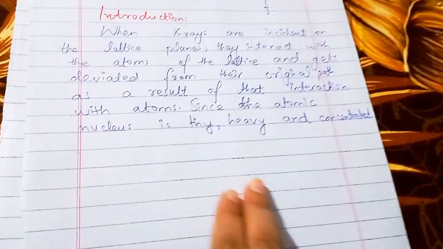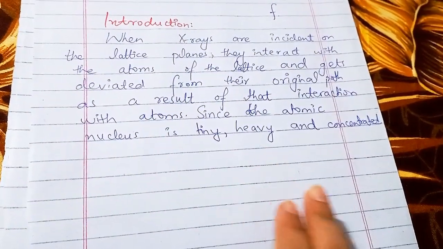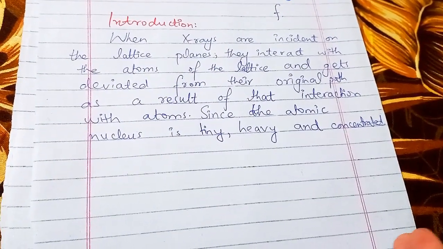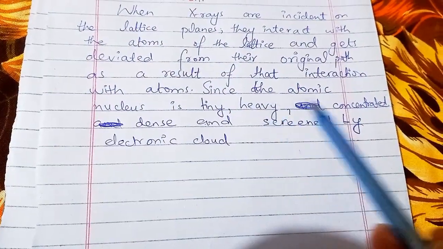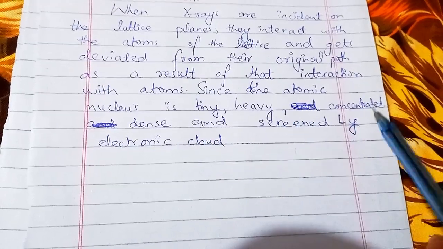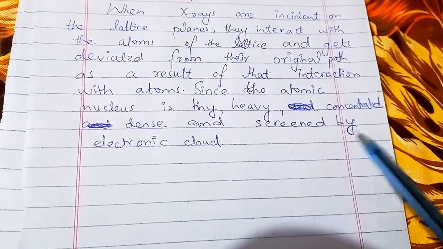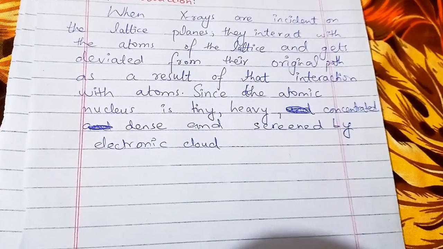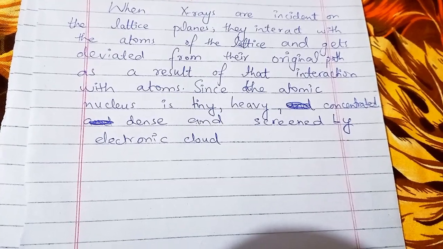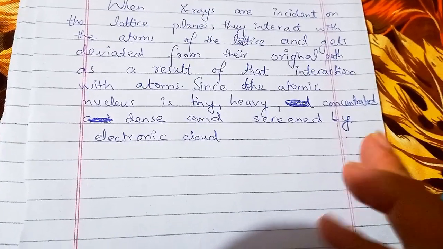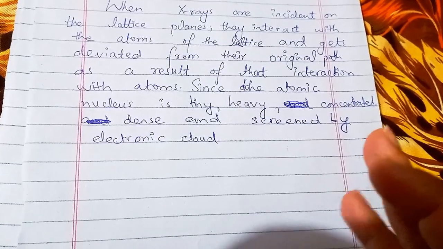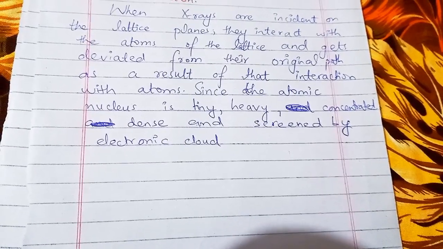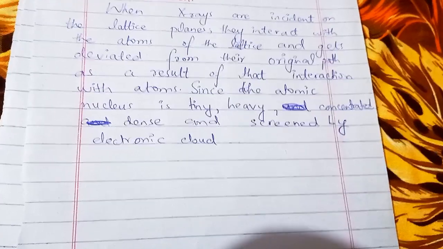Since the atomic nucleus is tiny, heavy, concentrated, dense, and screened by the electronic cloud, we know about the concept of shielding effect. The electronic cloud acts as a shield and it protects the atomic nucleus from the other waves. So the waves cannot directly reach the atomic nucleus.